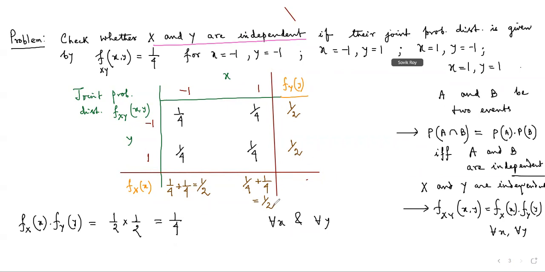Okay, and not only this, you see that for all x and for all y, if I consider the joint probability table, it is indeed 1/4. So f of x y at the point x and y, for all x and all y, that is also 1/4. So what we are getting? We are getting marginal probability of x at all points multiplied by marginal probability of y at all points is equal to the joint probability of x and y at all points.